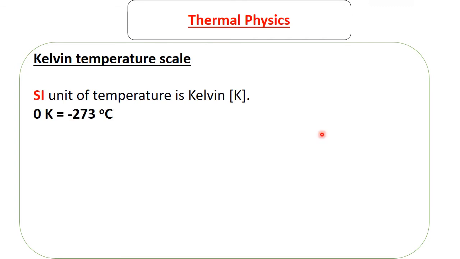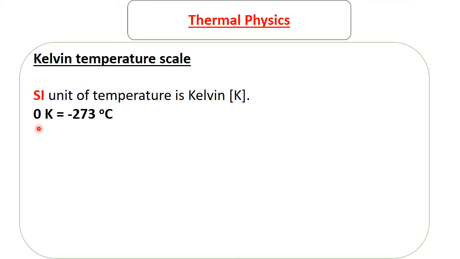The first is that the smallest temperature possible is 0 kelvins, which is negative 273 degrees Celsius. It is said that nothing can exist beyond 0 kelvins mathematically. Using mathematics, if you try to solve the equations, they show that you cannot exist at a temperature beyond 0 kelvins. I won't go deep into that, but it's interesting.